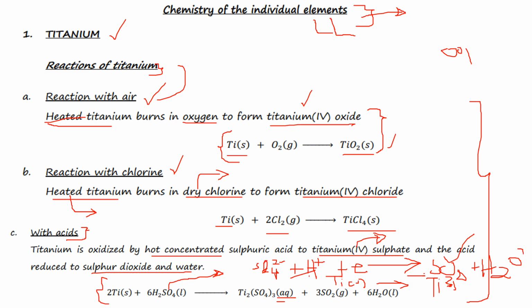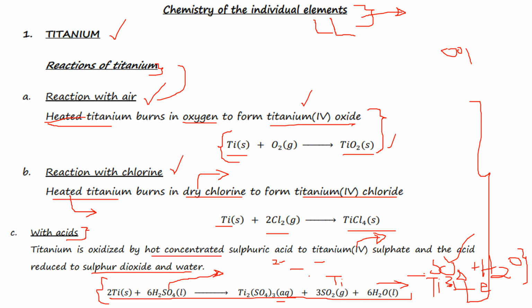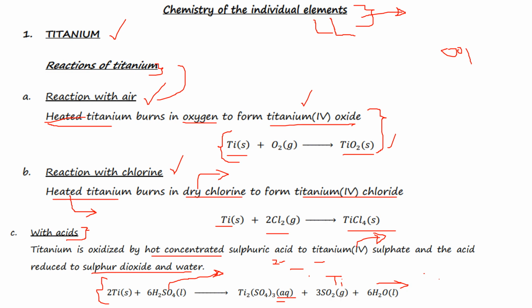Now we balance these two equations and we combine them by eliminating electrons, as we discussed further in redox reactions. Now after balancing using electrons, you are going to get the same balanced equation as the one I listed here. And the reason why I emphasize that is because the majority of you do not know how to balance equations involving redox reactions.